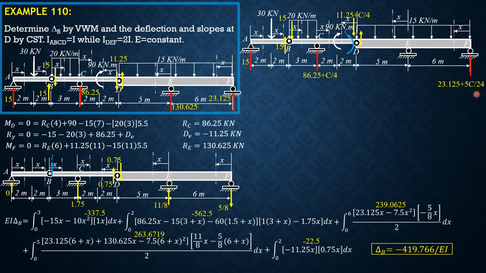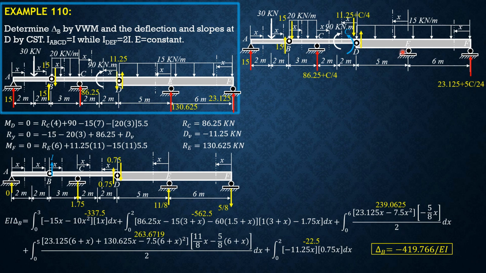So if we solve for this reaction first, summation moment E equals 0. So reaction at F times 6, that's counterclockwise, equals clockwise, equals C over 4 times 5. So C over 4 times 5 is 5 over 4 divided by 6, so that's why we have 5C over 24.